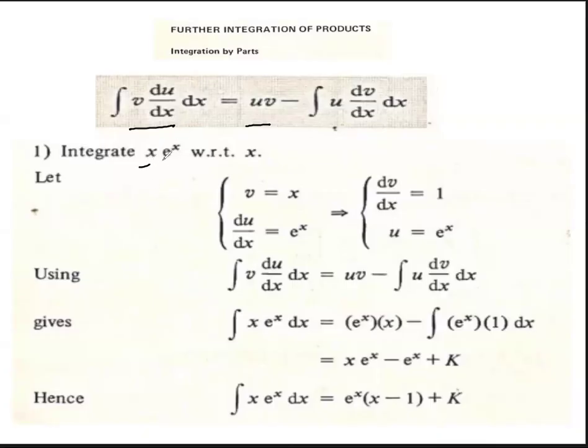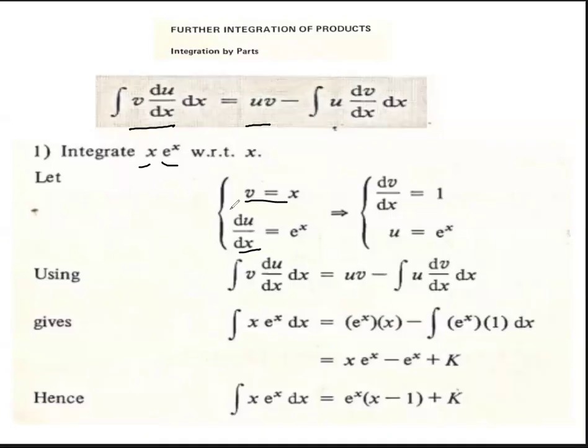You have x e to the x. Now, by the way, let me just warn you. In this case, the function is set up in such a way that you have x e to the x, and right away we make the substitution that v equals x, and du/dx is the same as e to the x.